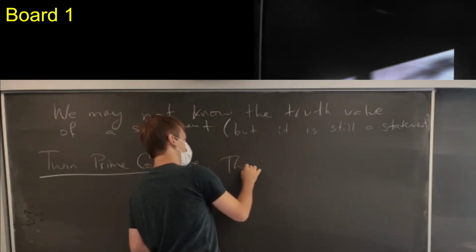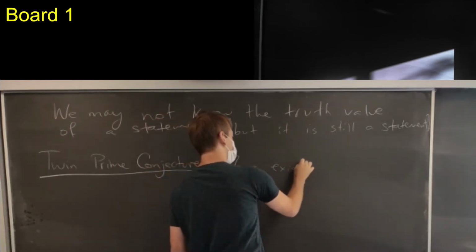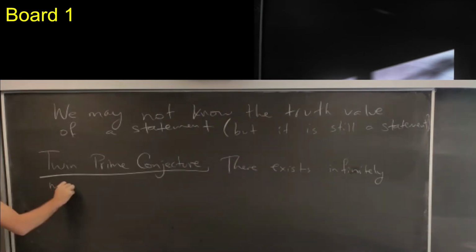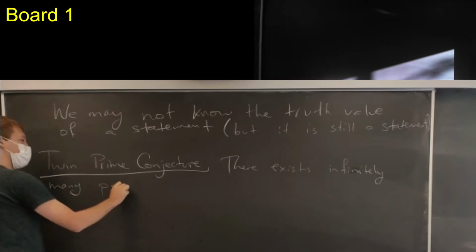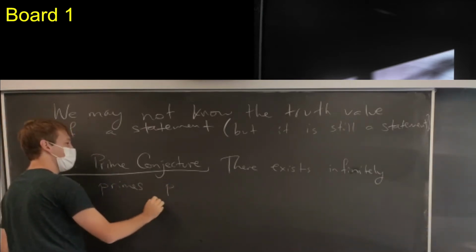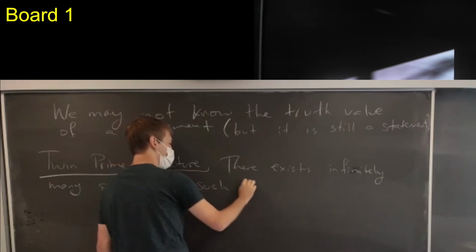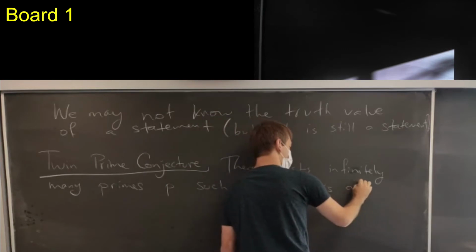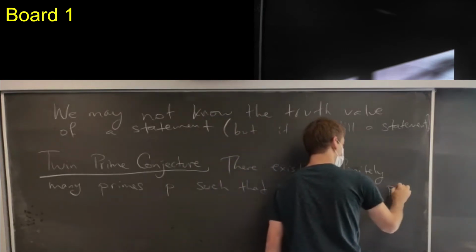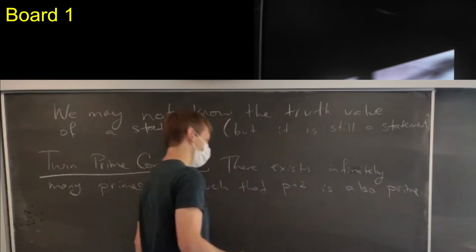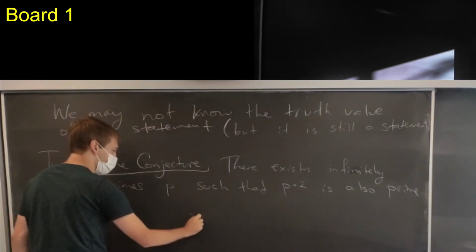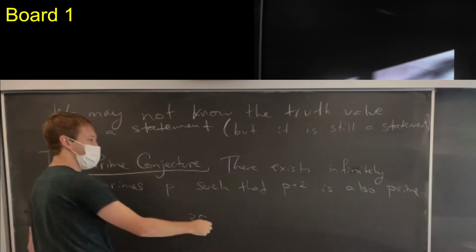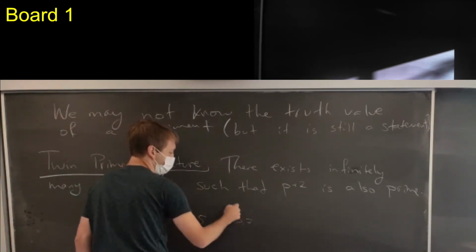It says that there exist infinitely many primes p such that p plus 2 is also prime. So for example, 3 and 5 have that property: 3 is prime, 3 plus 2 is prime; 5, 7, and so on.